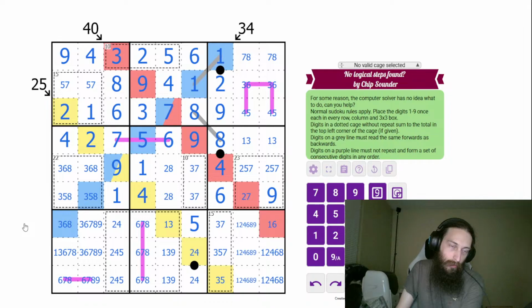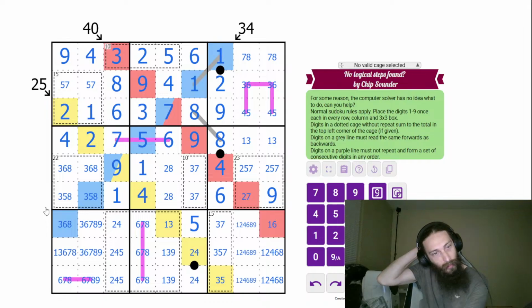Sum to 11. Whatever this is, it's that digit. Those two are the same, which is fine.